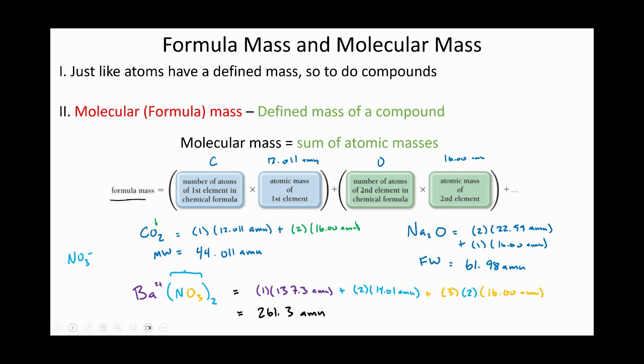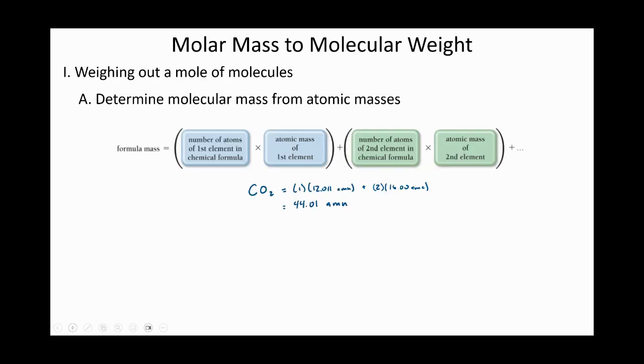If instead we want to talk about a manageable size, then we're going to talk about things called the molecular weight. And so the same way that when we talked about weighing out a mole of atoms, we talked about its molar mass rather than its atomic mass, here we're going to talk about the molecular weight or the formula weight for each of these different compounds.